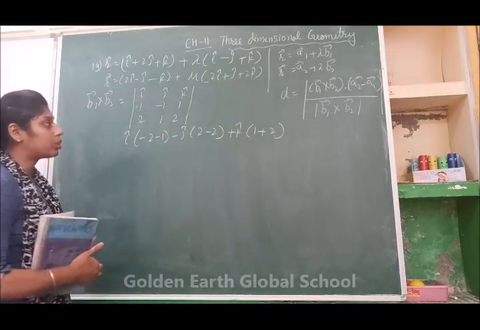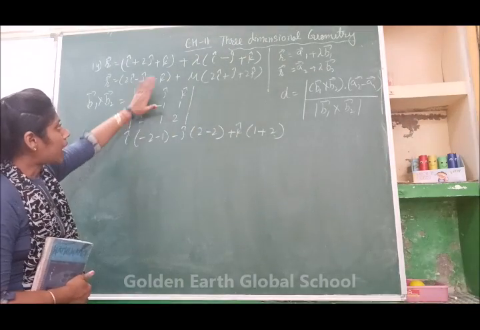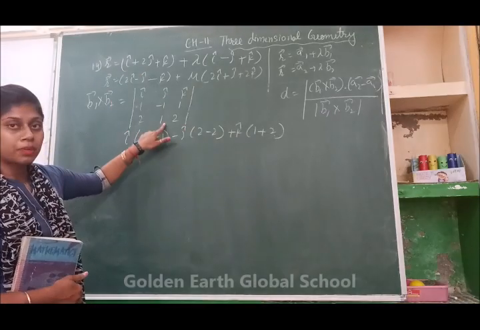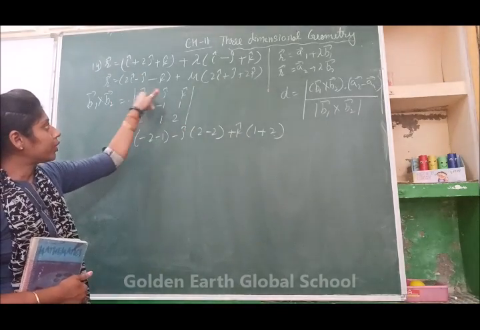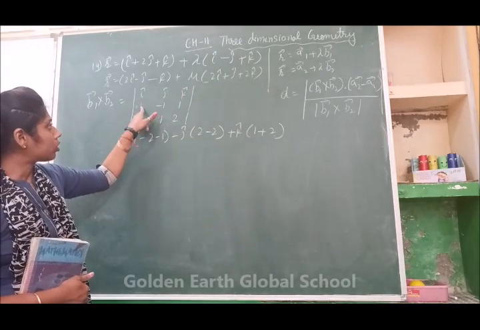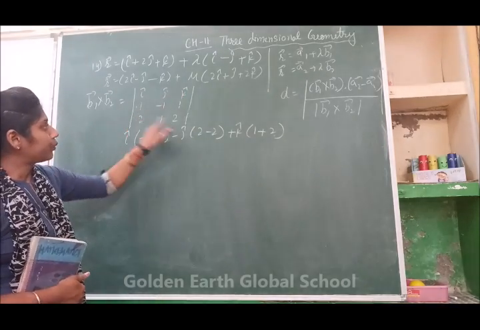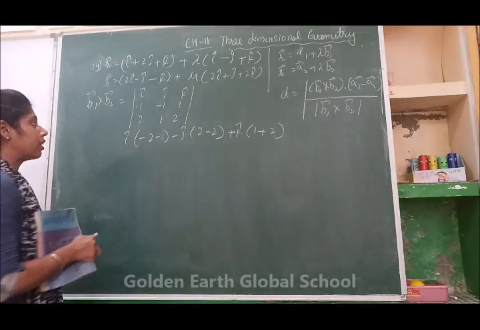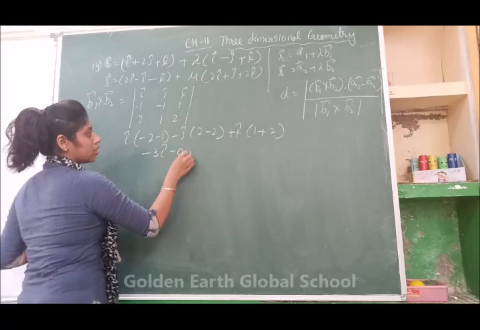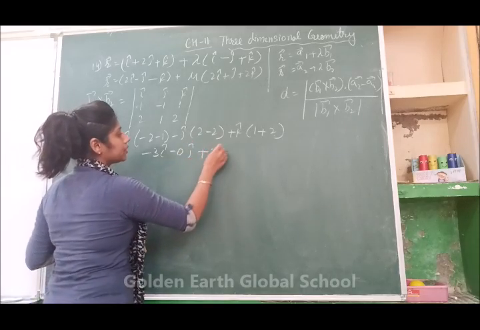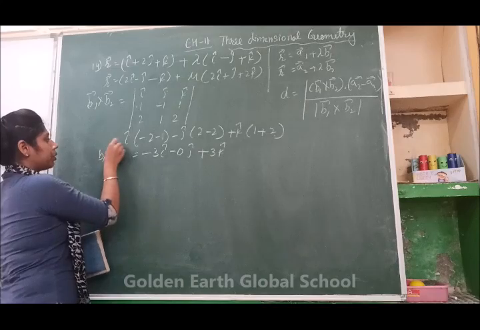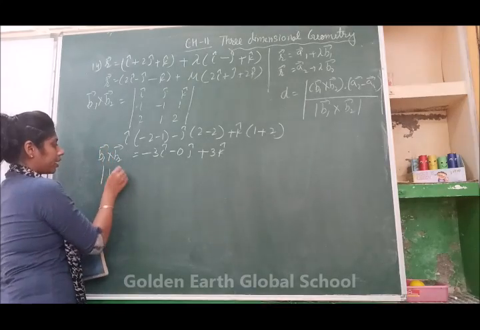Firstly, hide this horizontal and vertical line, then do the cross product of these. Then corresponding to j, hide this vertical and horizontal line, then cross product of 2 into 1, 1 into 2. Similarly for k. So we get minus 3i minus 0j plus 3k. This is B1 cross B2. Now find its magnitude.